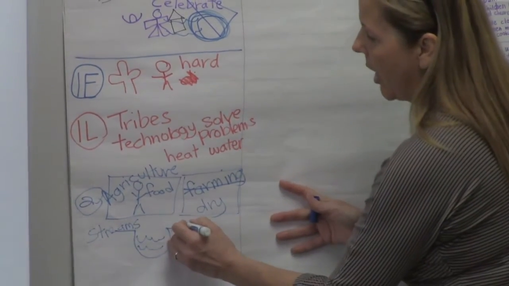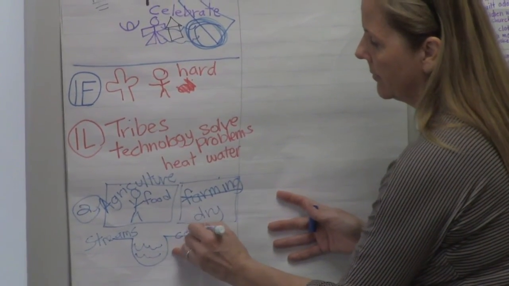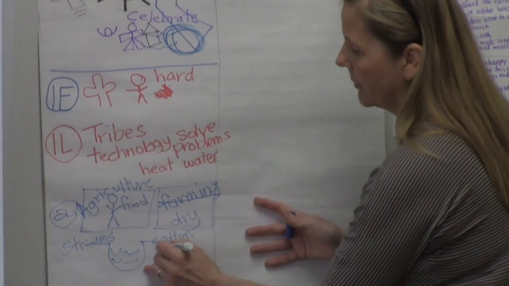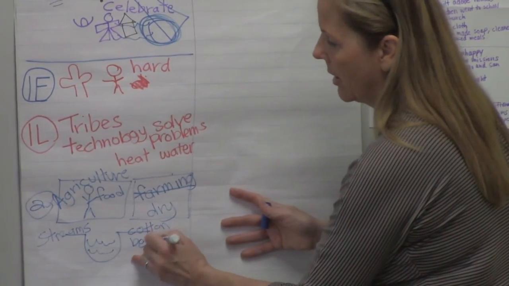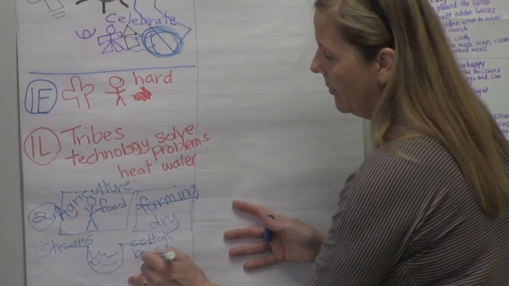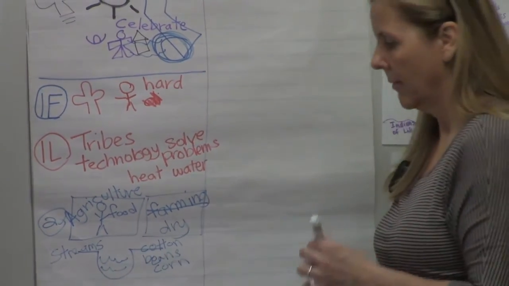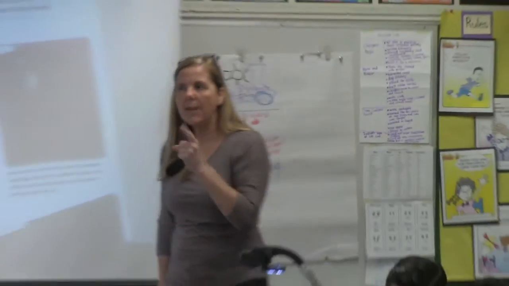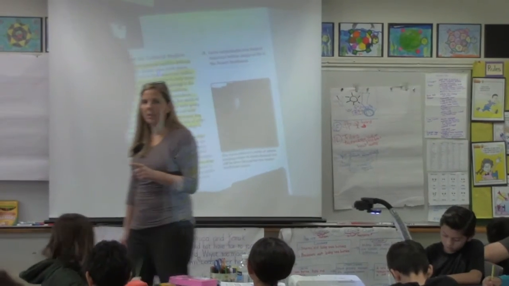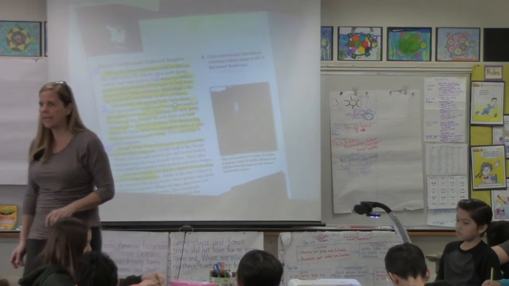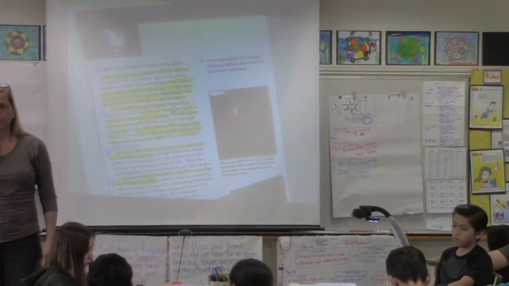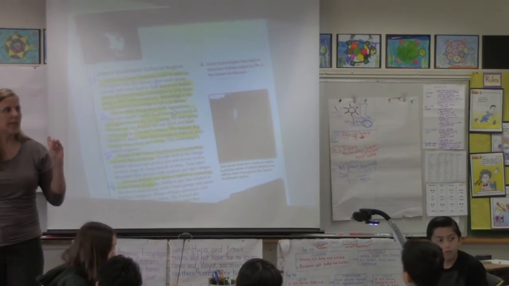Crops. And what kind of crops? Beans, corn, and cotton. If they didn't figure that out, would their group have been able to stay there? No. So now they're able to stay in that area.